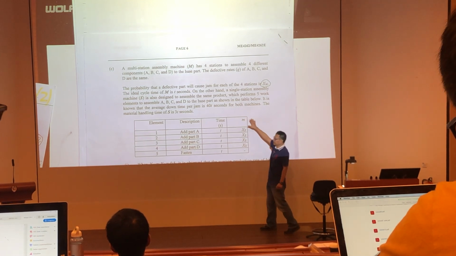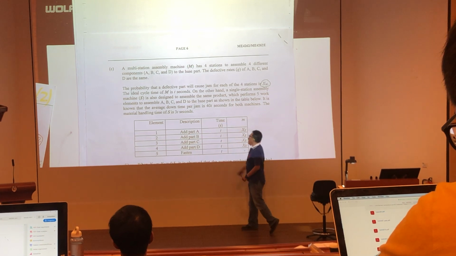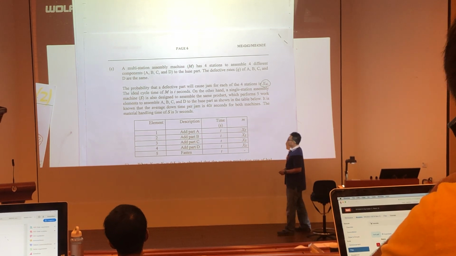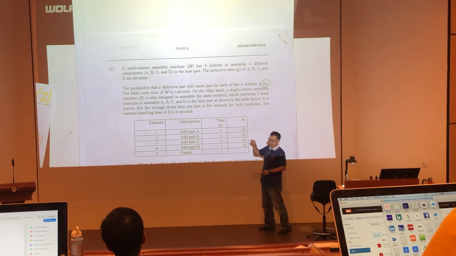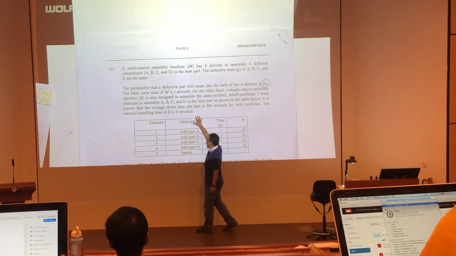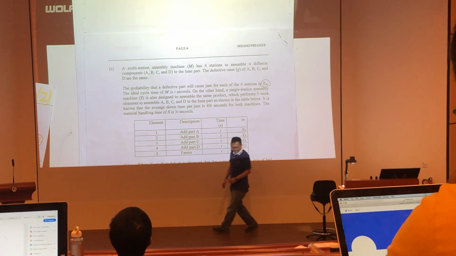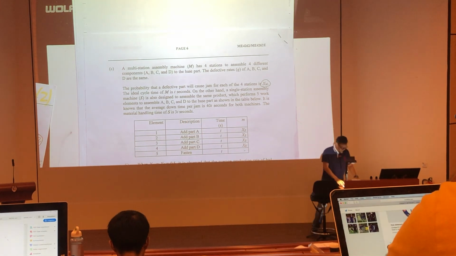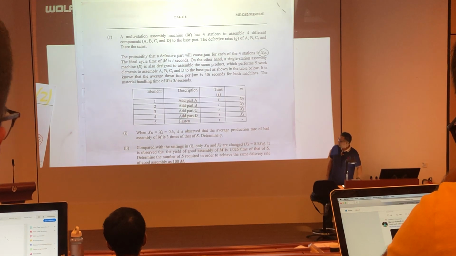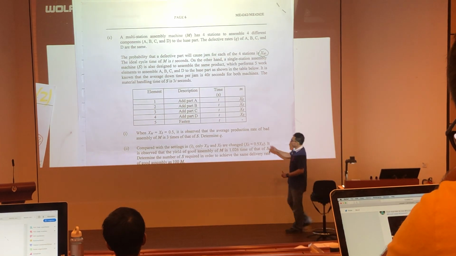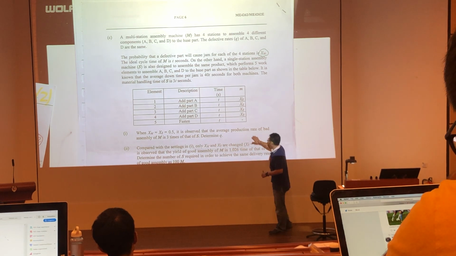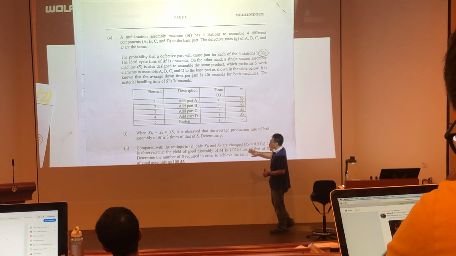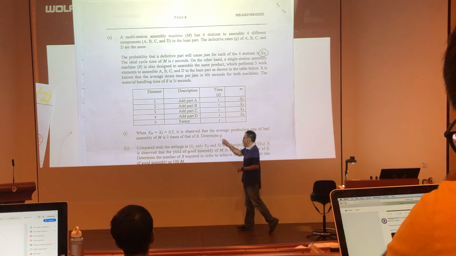For multi-station and single station, TD is 40 T. The material handling time of the single station, TH, is 3 T seconds. So when XM and XS equal 0.5, it's observed that the average production rate of batch assembly of M is 3 times that of S.